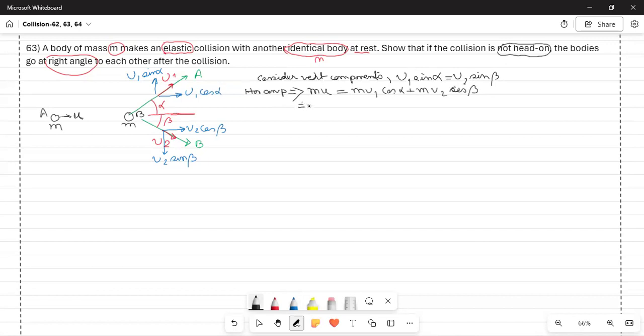From here we get u equals v1 cos alpha plus v2 cos beta. These two relations: this is relation 1 and this is relation 2. From these two relations, we can find out everything else.